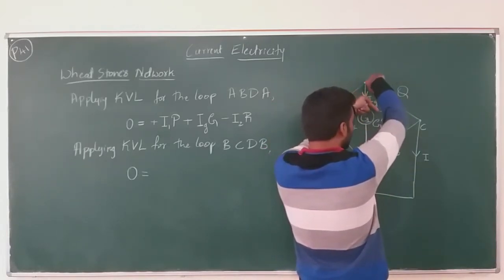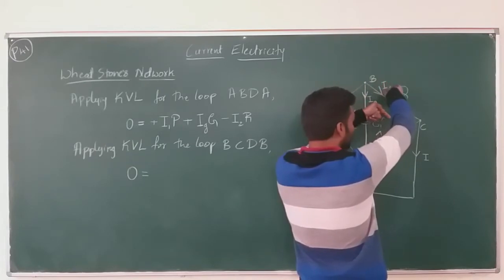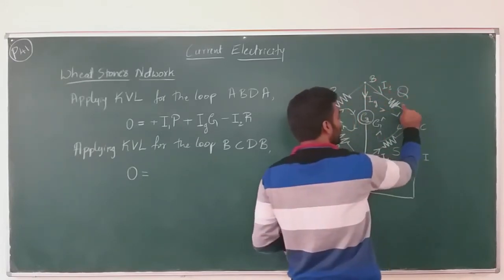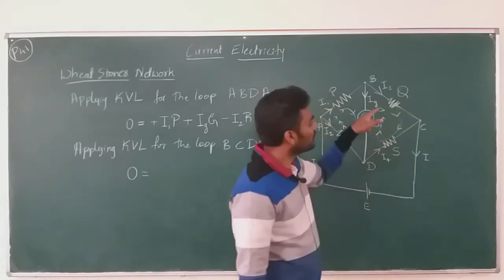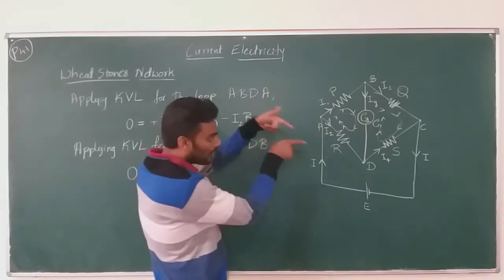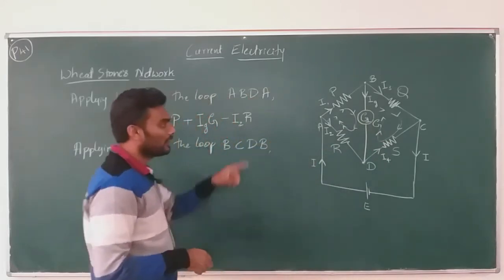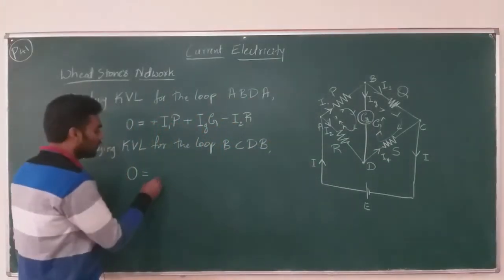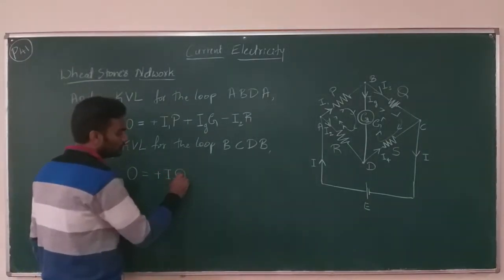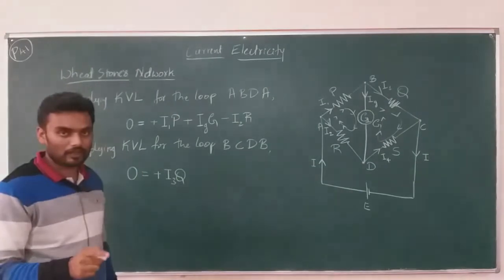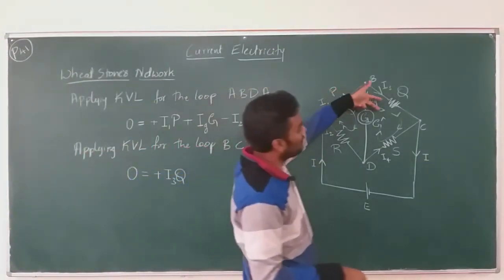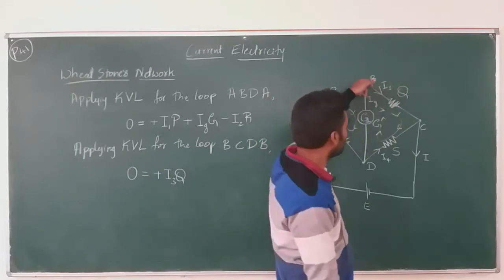I3 is flowing in the same direction of my propagation or my path, and the resistance through which it is flowing is Q, right. So same direction and the current is I3, resistance is Q. So I should put plus I3Q, right, clear on that? Plus I3Q, because I3 is in the same direction of traversal, Q is the resistance.